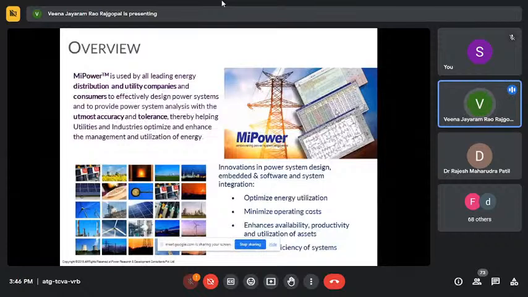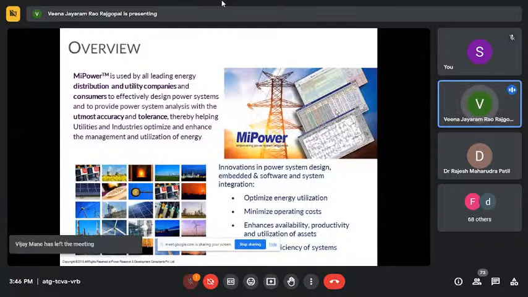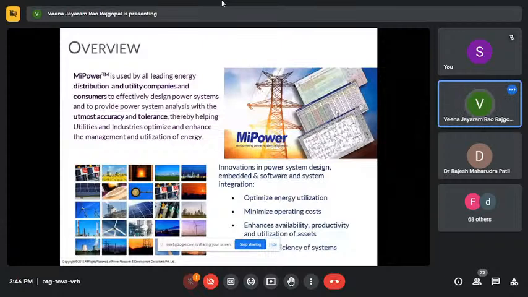And also one segment we have is the academics. In many cases, at least in Karnataka and in some of the universities in Andhra, MyPower is made a part of the syllabus for the power system labs. So using the software, it is a toned down version.